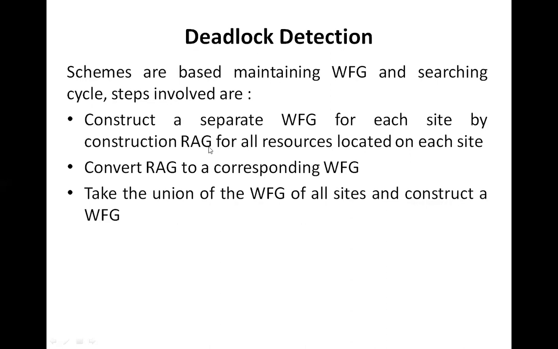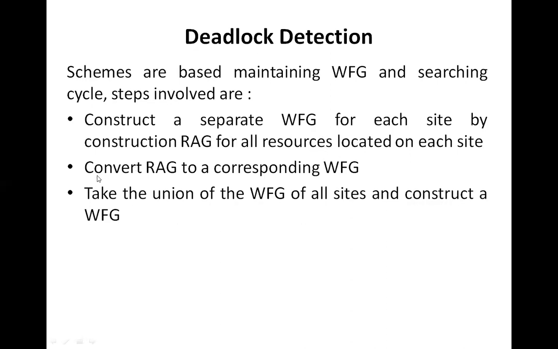So for whatever resources are available at the different sites, we first draw the resource allocation graph and then find the wait-for graph for the individual sites, for all the resources which are available locally or away from the local site.